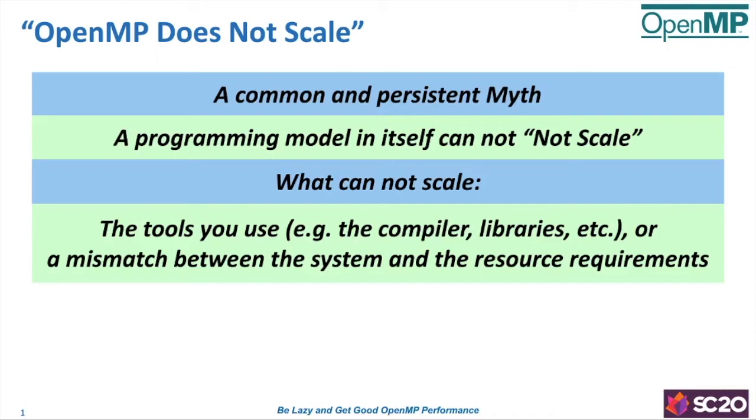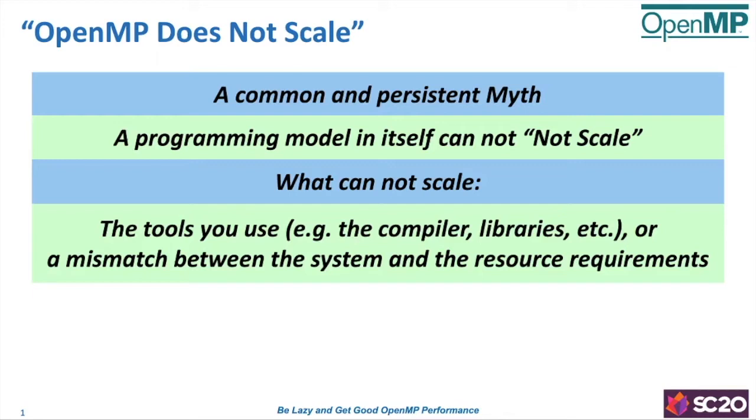Another reason could be at the hardware level that there's a mismatch between the system that you're using and the resource requirements. For example, let's say your application is very bandwidth hungry. You need lots of bandwidth. As you're adding threads, at some point, maybe the system that you're using cannot sustain the pressure on the memory system anymore, cannot deliver the bandwidth that you need, and as a result, the scalability will suffer, and your program will stop scaling, and in the worst case, the scaling will go down as you add threads. These are all things that can happen.